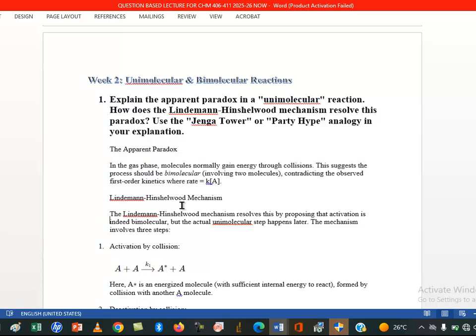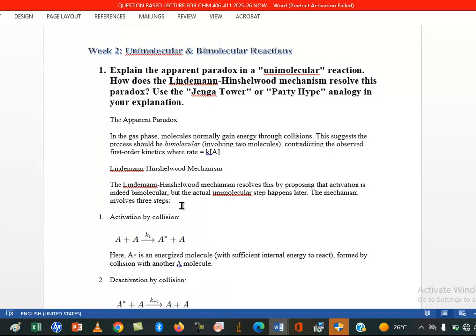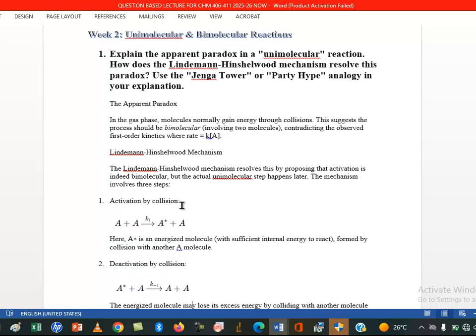Now to the second part, how does the Lindemann-Hinshelwood mechanism resolve this paradox? All you need to do is to give me, first of all, the equations for the Lindemann-Hinshelwood mechanism, which I gave in class earlier on. So here they are.